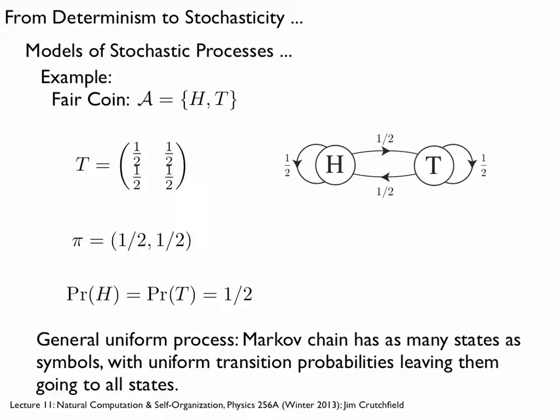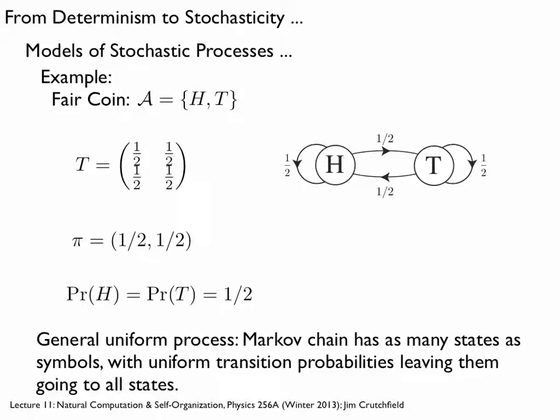So some examples. Fair coin again. I have two states, heads and tails, so a 2x2 matrix. If it's fair, then the transition from heads back to itself or to tails is equal probability. Same thing going from tails back to heads or tails. I can write out the labeled directed graph.